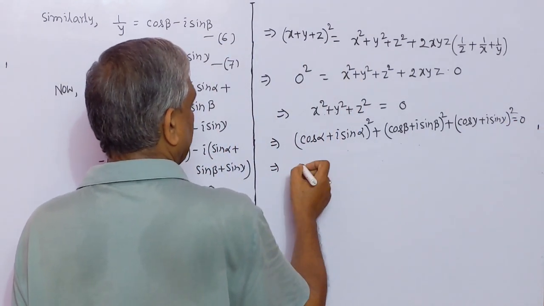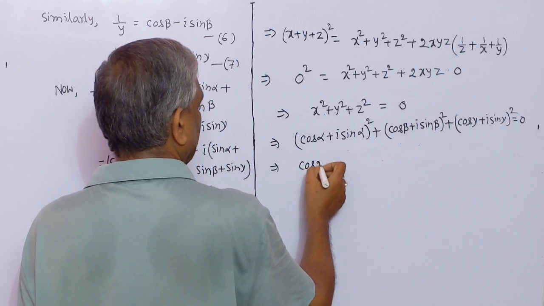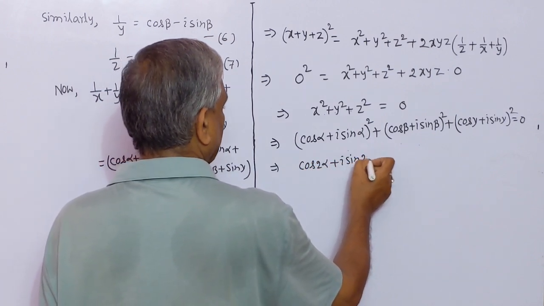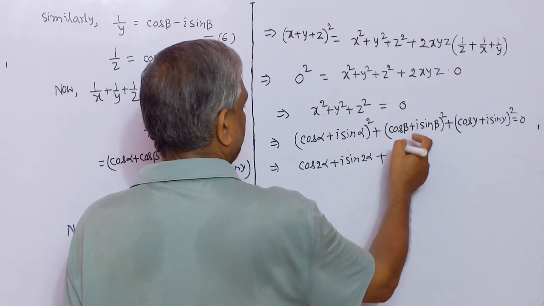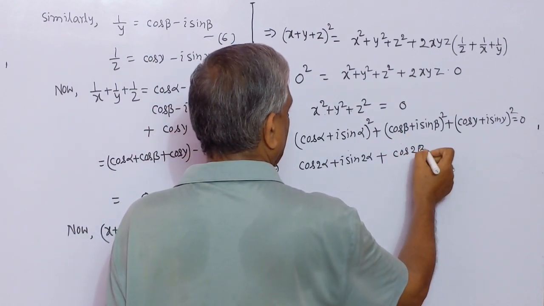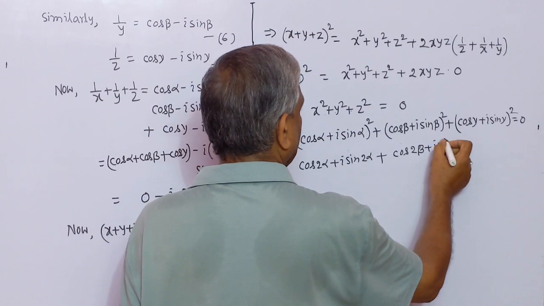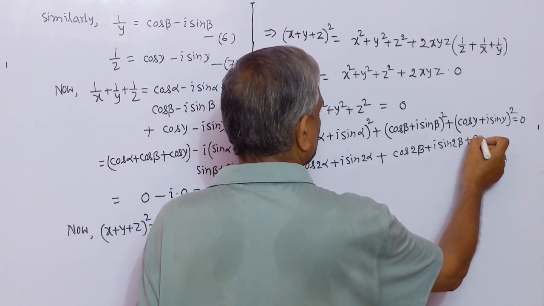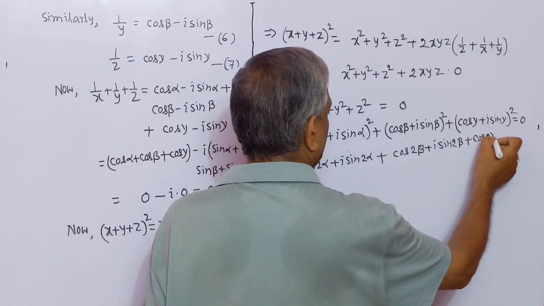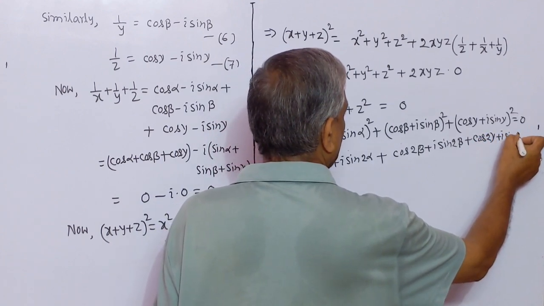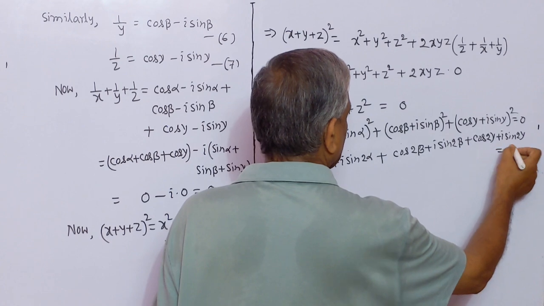By Moivre's theorem, this is cos 2 alpha plus I sin 2 alpha. This is cos 2 beta plus I sin 2 beta. This is cos 2 gamma plus I sin 2 gamma. This is 0.